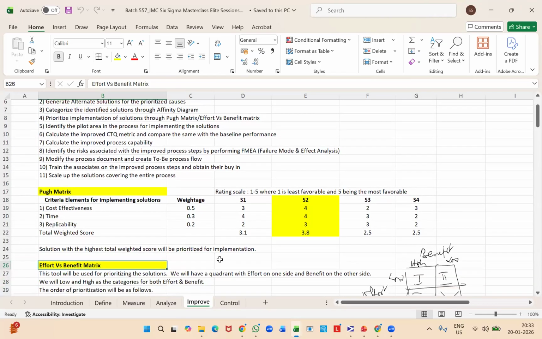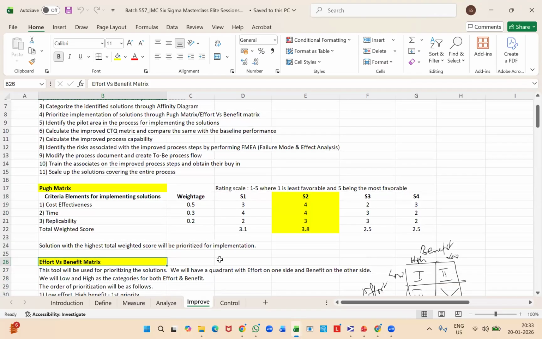And then yesterday we looked at a couple of tools which would help us to prioritize the solutions. The Pugh matrix. In case of the Pugh matrix, we will first come up with the criteria elements that you would consider for implementing the solutions. And then we will provide weightage for these criteria elements based on the importance you plan to give them. And then we will have the multiple solutions in different columns.